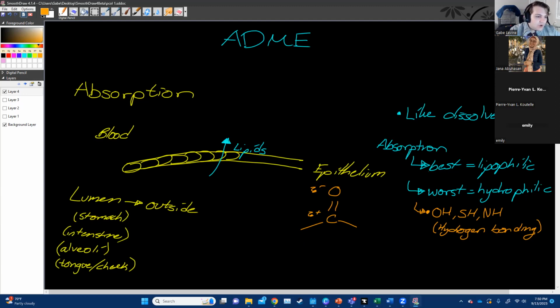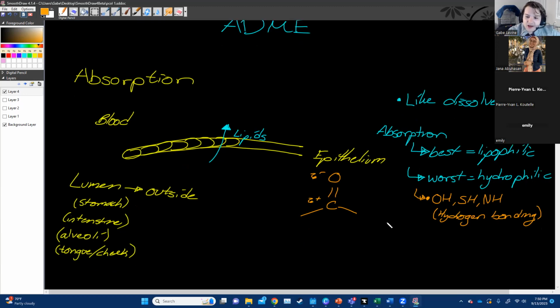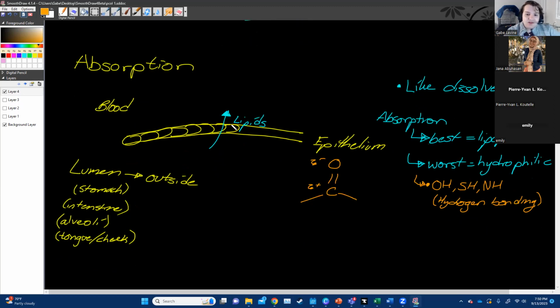And so what we can categorize these types of bonds on is the dissoluting property of these hydrophilic bonds. So let's talk about what we mean there.